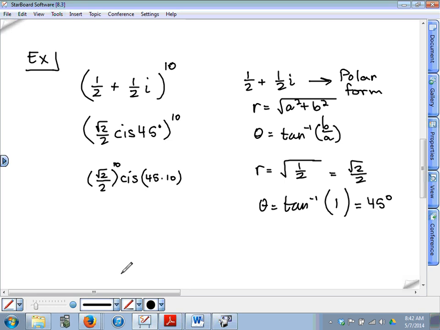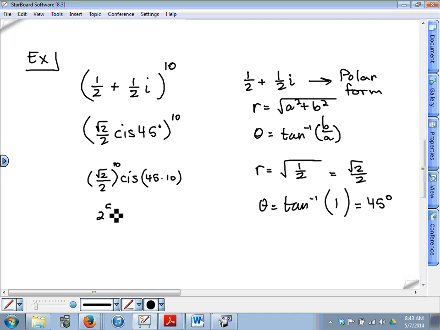It's not as bad as you think. If this were me, I would change the square root of 2 into a rational exponent. The square root of 2 is the same as 2 to what power? You guys know this. The square root of 2 is the same as 2 to the 1/2. So if you have 2 to the 1/2 raised to the 10th power, that's 2 to the 5th.